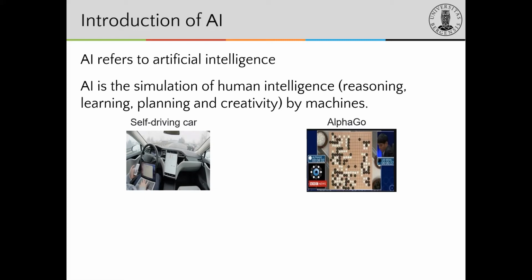This is a great achievement because the computational complexity of Go is much higher than normal chess and other board games. Traditional machine learning couldn't solve the problem, but AI solves it.